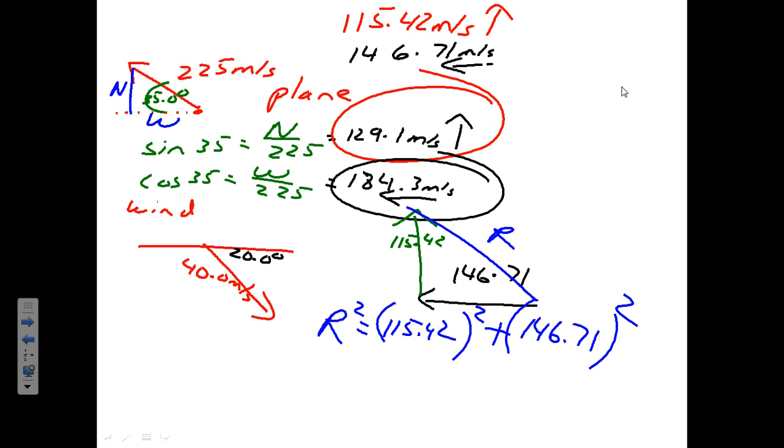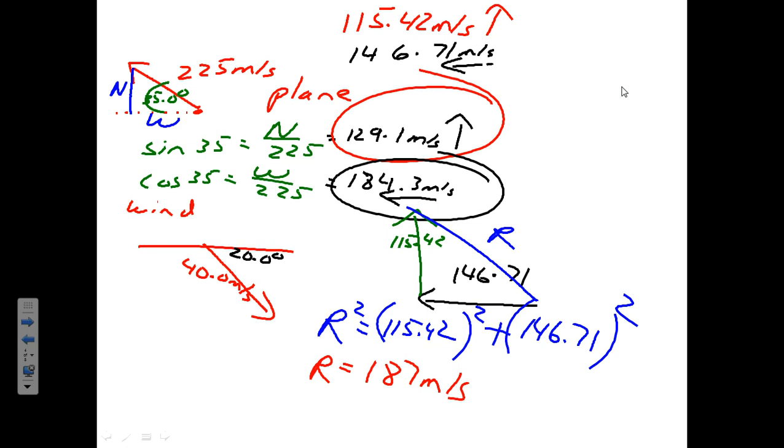Take the square root, and we get 187. So that's our magnitude, that's our speed, right? That's our speed. But I didn't ask for speed, I asked for what? Velocity. So what do we need to make that a velocity? What are we missing? The direction. We got to find the angle.